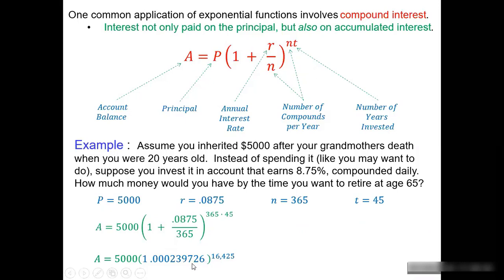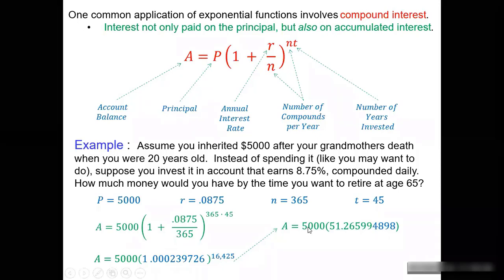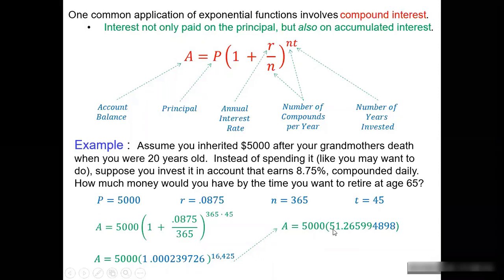So the order of operations says next to apply the exponent. So you use your calculator to raise this to the power to get 5,000 times 51.265 and so on. Notice what this number indicates now. It tells me that within 45 years, your original principal of $5,000 will be 51 times bigger.